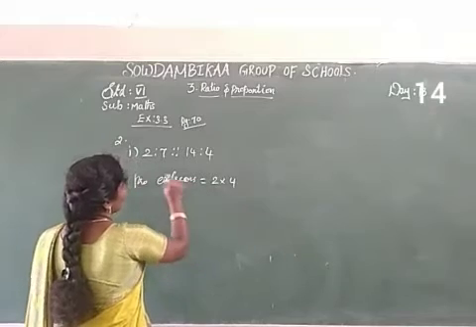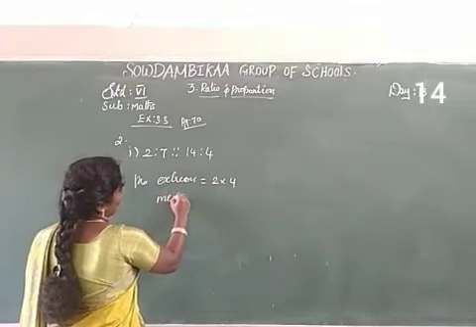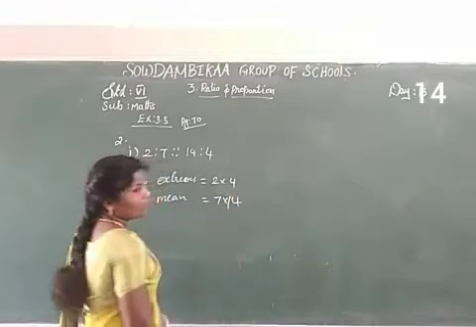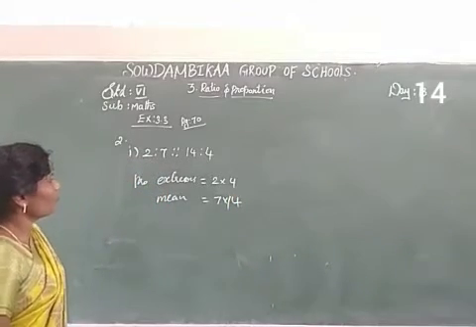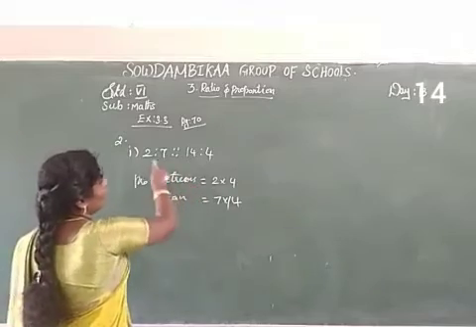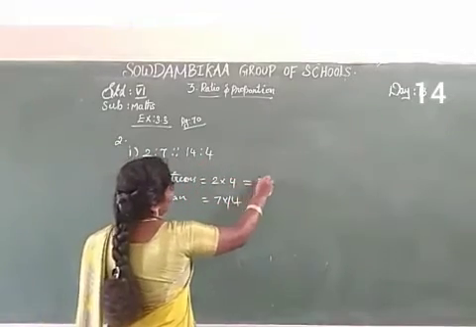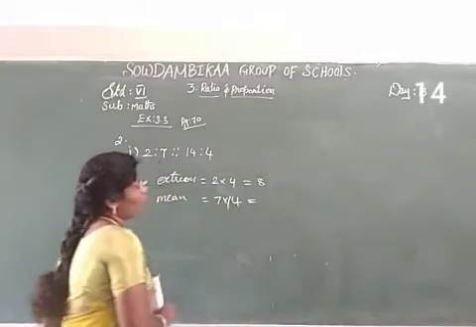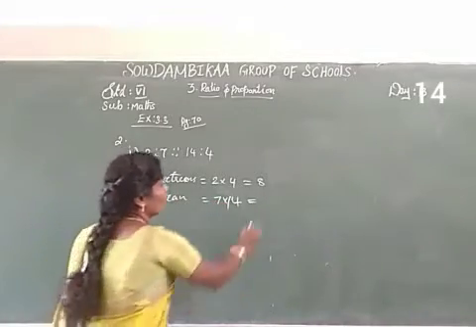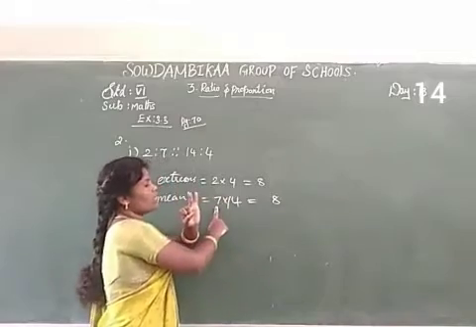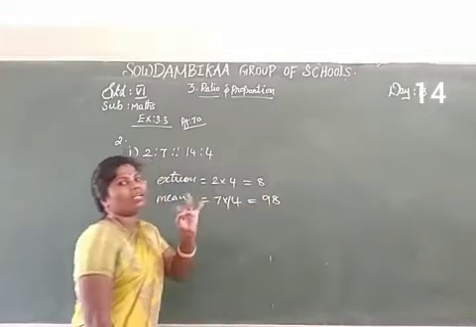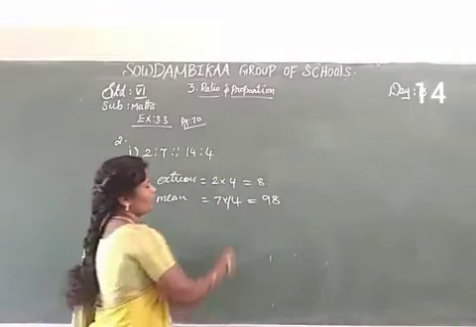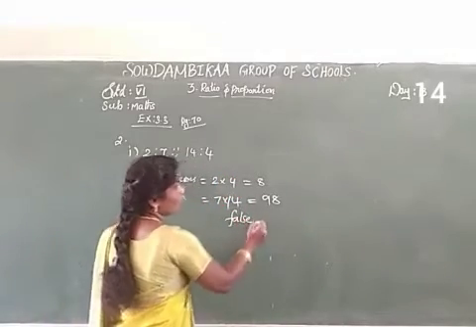Next the product of means: 7 is to 14. 2 fours are 8. 7 fours are 28. 98 is not equal to 8. So the first one is false.